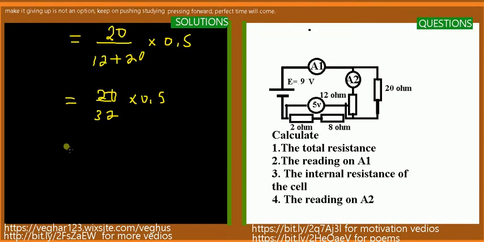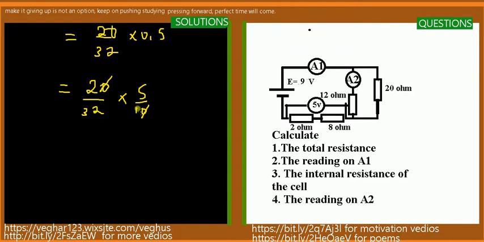Then 0.5 is the same as 5/10. So this is 10, we cancel the 0, and then we are left with 1 at the bottom.